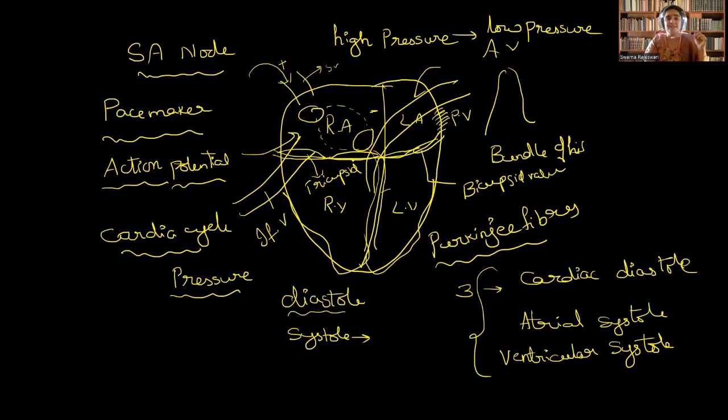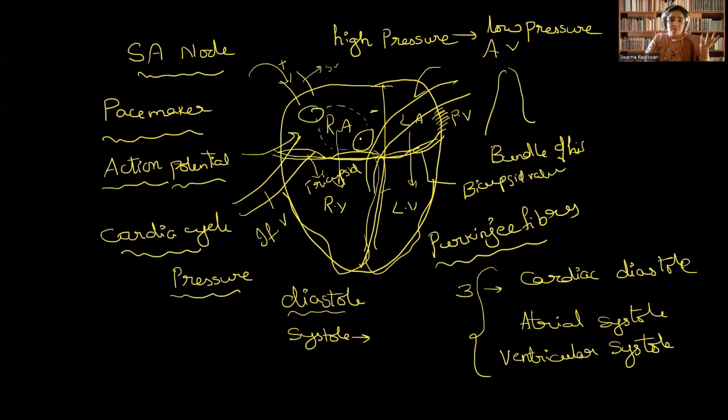Just now also we have discussed. So when the pressure in the auricle is more, it has to send the blood somewhere. So where will it send it? Now the valves open and send the blood present in the auricles into the ventricle. Okay, now the entire blood will not be sent. Only 30% of the blood will be sent.